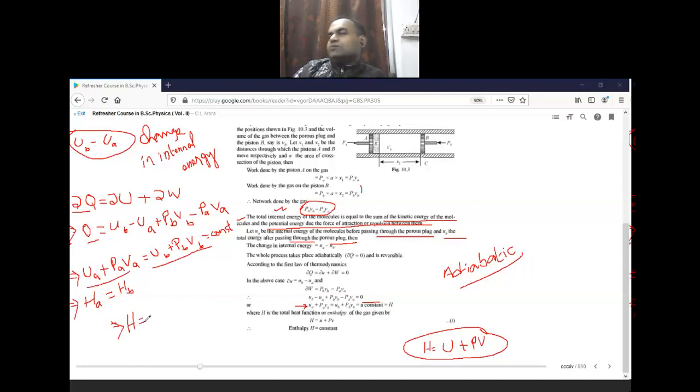That means H is a constant quantity. Although the process has changed, the enthalpy has not changed.